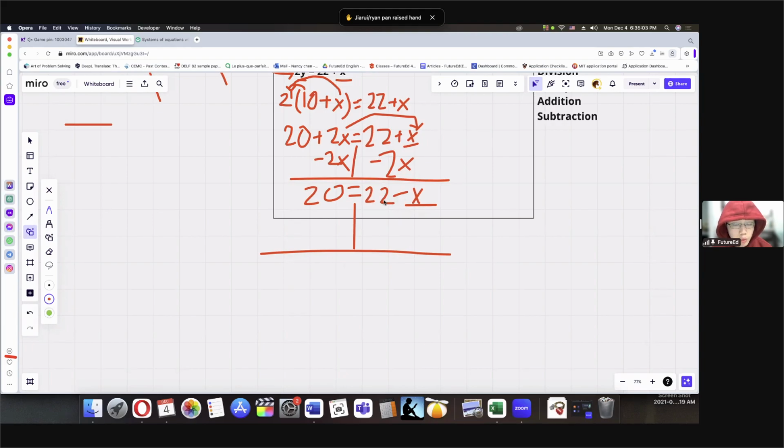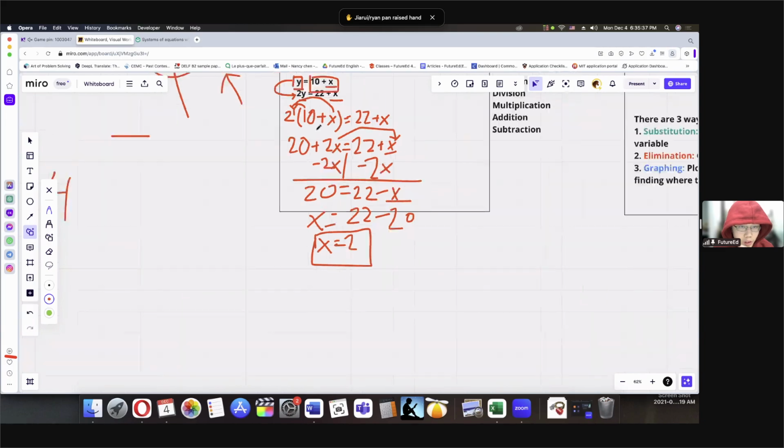From here you can already tell that 22 minus 2 is 20, right? I know I could work this out properly, but we can move x to the side. So we have x is the same as 22 minus 20, and 22 minus 20 is 2. So that means x equals 2. Awesome. So now we have our substitute teacher finally figured out that x is equal to 2.